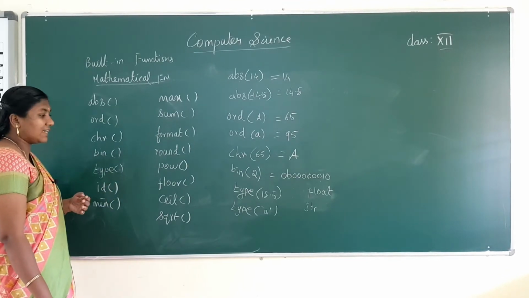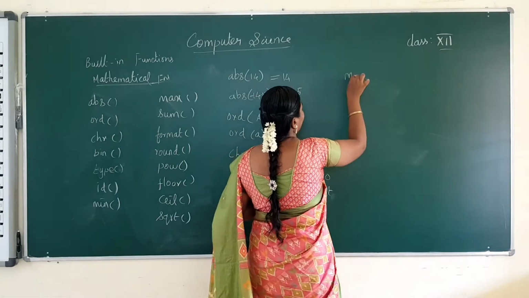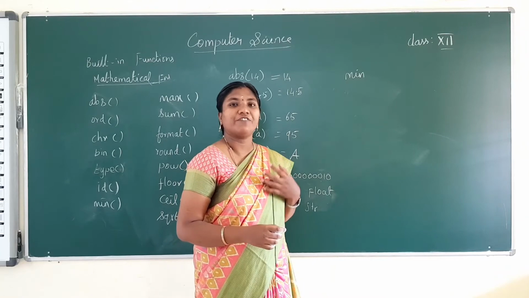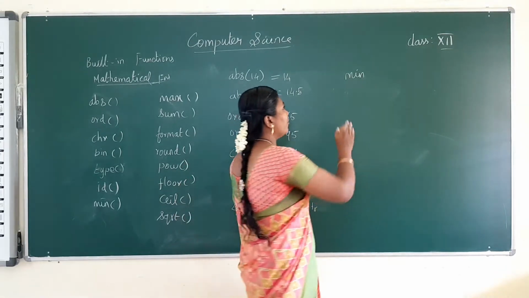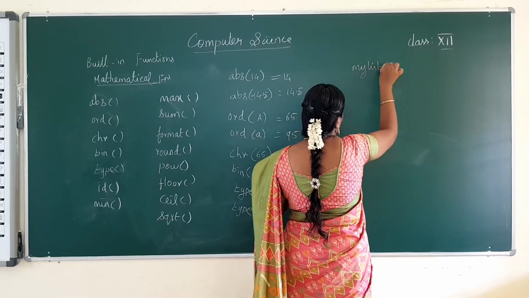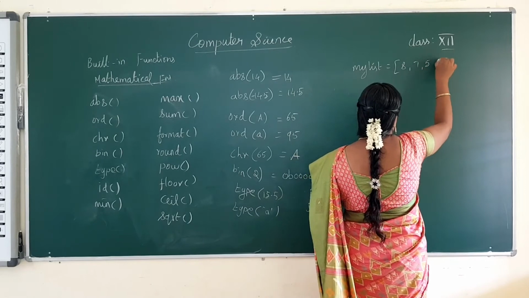And next one is the minimum value. If you are giving a set of values, you have to find the minimum of it. For that you will have a list. Suppose I have a variable, my list, with 8, 7, 5 and 11.